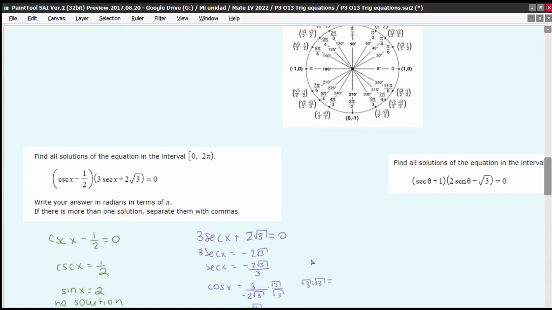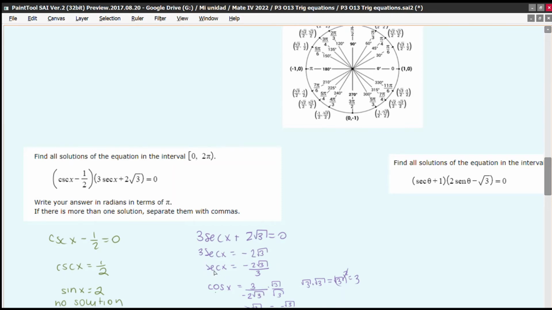This is the square root of 3 squared, that is, 3. So this is minus 2 times 3. I just multiplied this by this and this by this, okay? If I simplify this, I have a 3 in my numerator and a 3 in my denominator, so this is minus the square root of 3 over 2.